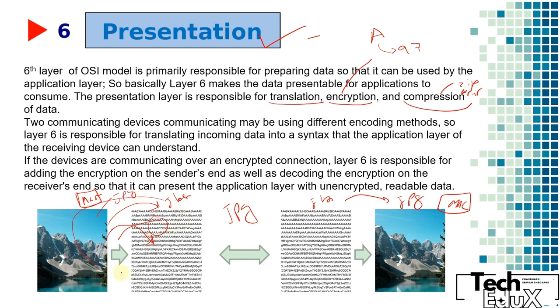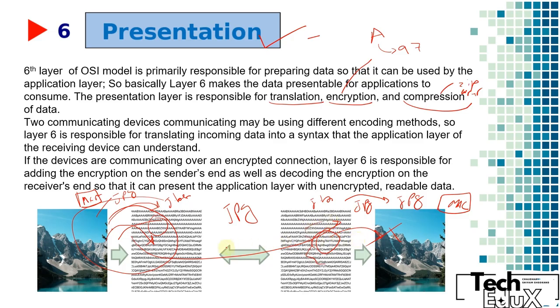Whereas when I transfer this file to a Mac computer, and unfortunately my Mac computer does not have understanding about JPEG format, then it is not going to translate from gibberish to JPEG format. No, it is just going to give me another gibberish data, just like this.